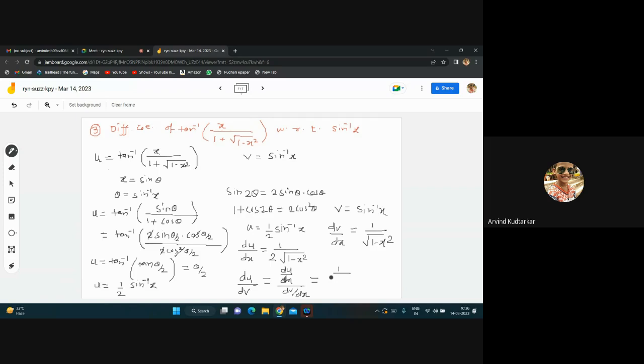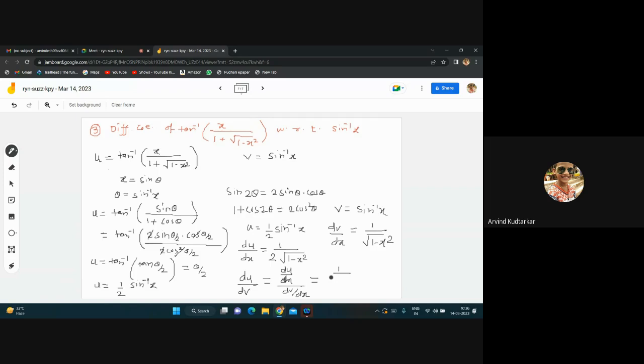So the 1 by root of 1 minus x square terms get cancelled, and 1 by 2 remains. So 1 by 2 is the value of the differential of tan inverse with respect to sine inverse of x.